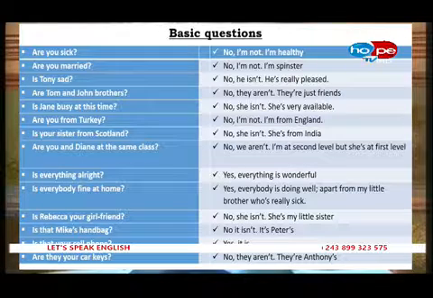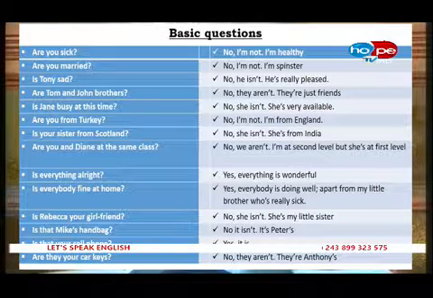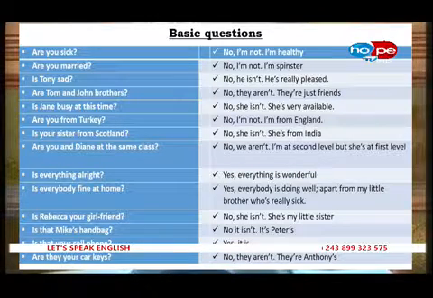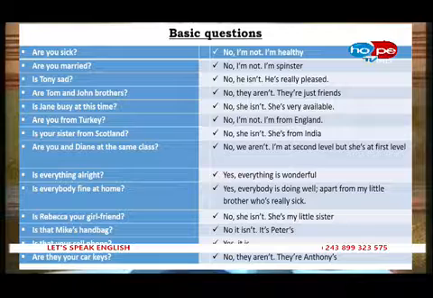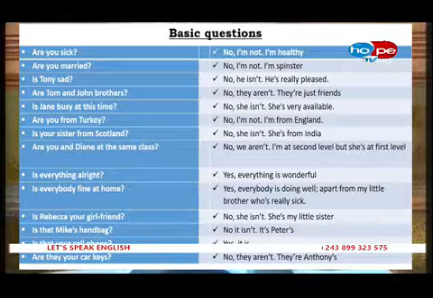I'm at second level, but she's at first level. Is everything alright? Yes, everything is wonderful. Is everybody fine at home? Yes, everybody is doing well, apart from my little brother who's really sick.